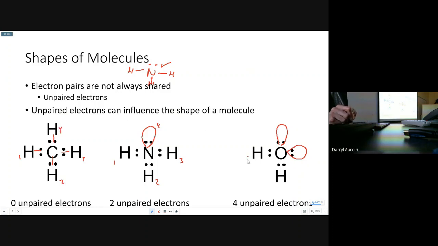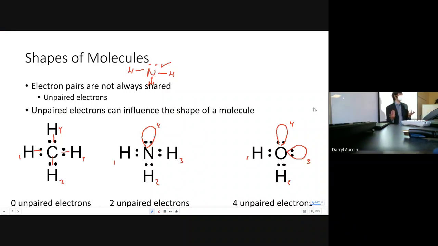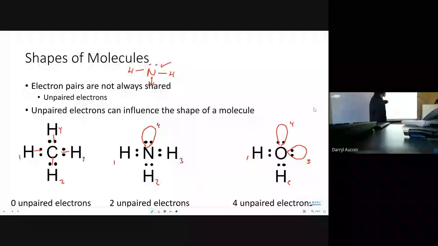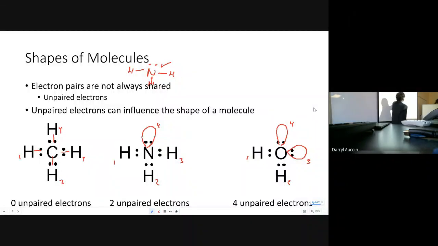And even over here, we have 1, 2 visible things, and 3 things, and a 4th thing that are invisible. So all 3 of these molecules have 4 things attached to a central atom. It's just some of those things are easy to see, and some of those things are not so easy to see. But they still all have 4 things, and they still have a tetrahedral-like shape.